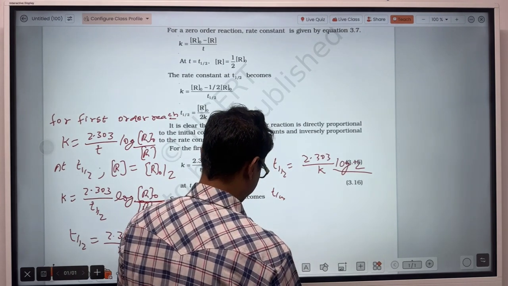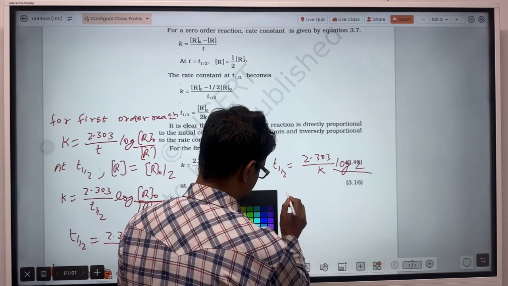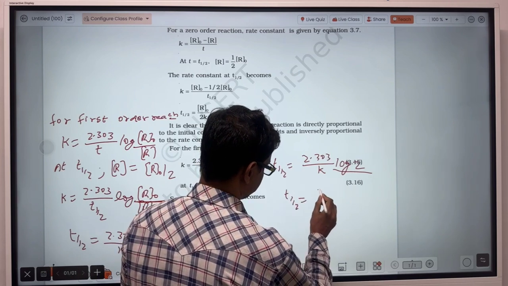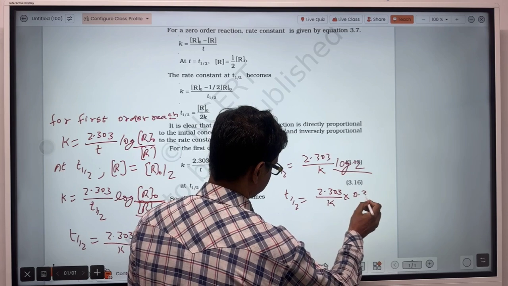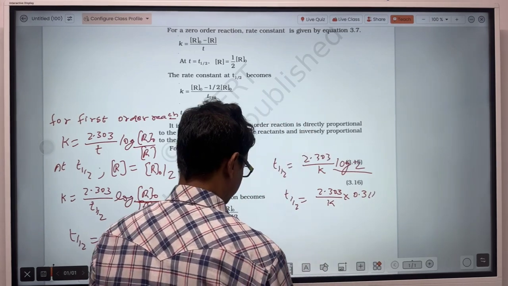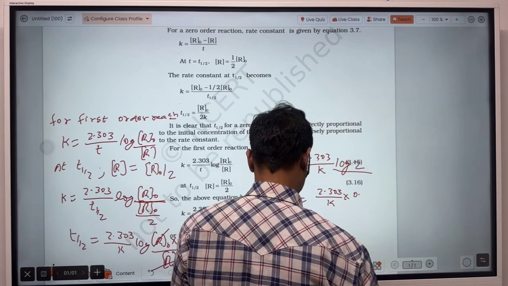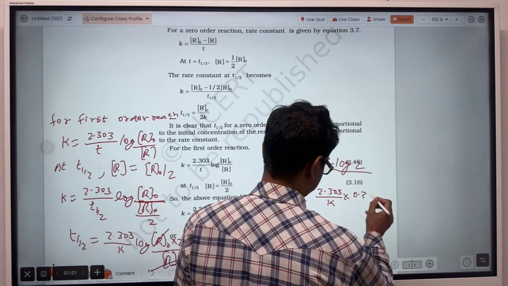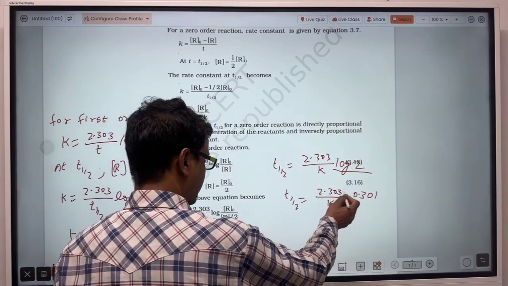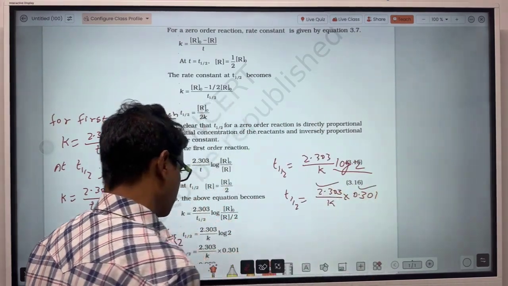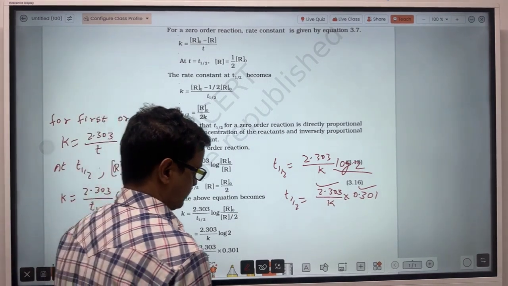So T half will be equal to... when you multiply 2.303 with 0.301, that will be 0.693.